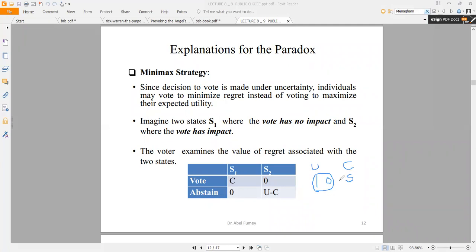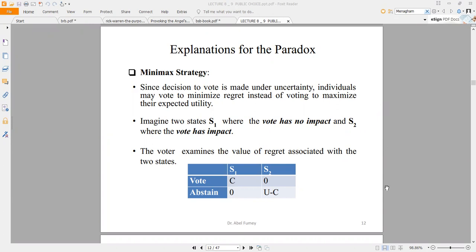So I will subtract this cost from this utility. So my total regret here is going to be 5. Because I didn't vote, I sacrifice the benefit that I was going to get from the voting. So your regret there is going to be the utility that you could have gotten from voting minus the cost of voting.